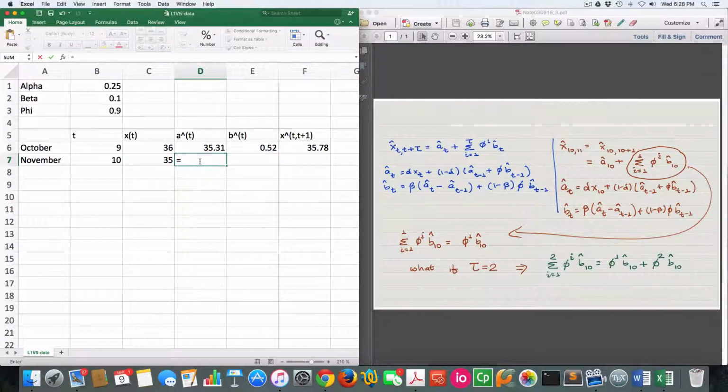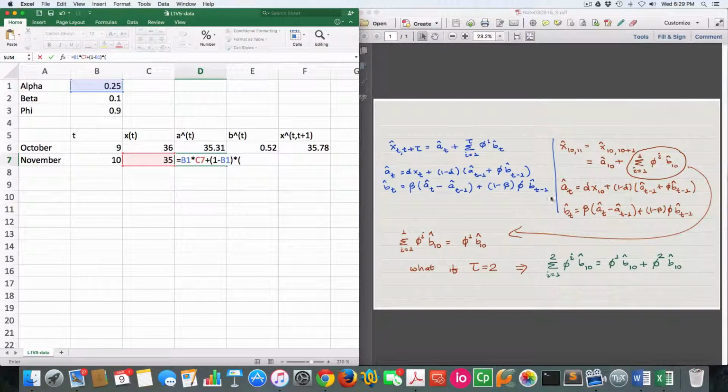A10 equals alpha times x10, that is the variable we just saw, plus 1 minus alpha times, let's put this into braces, AT minus 1.